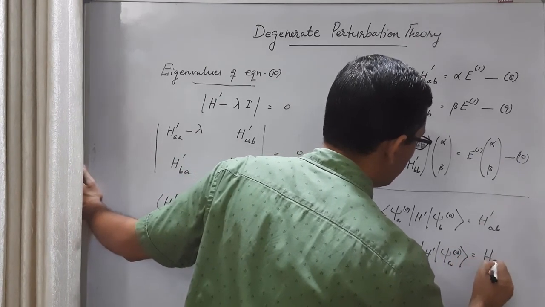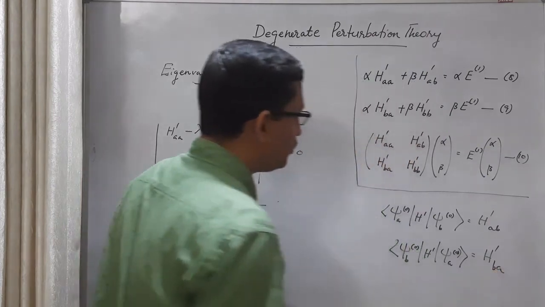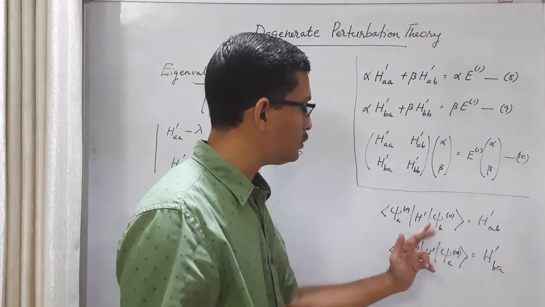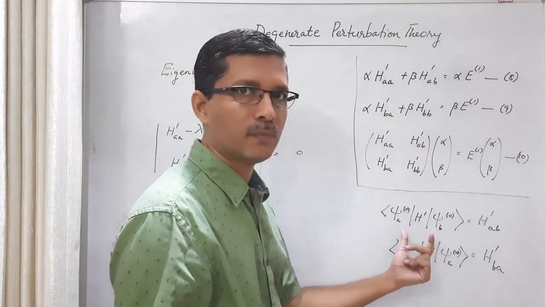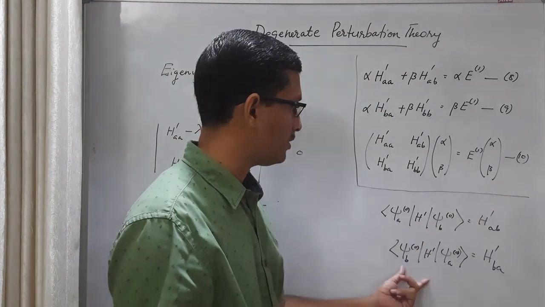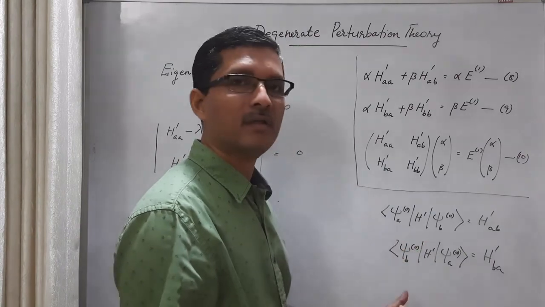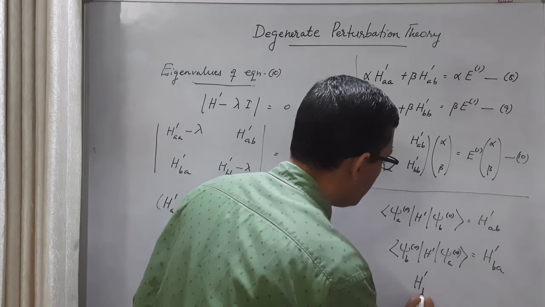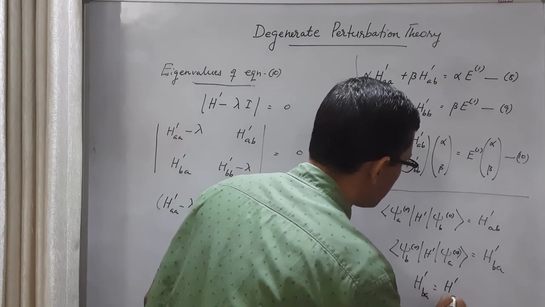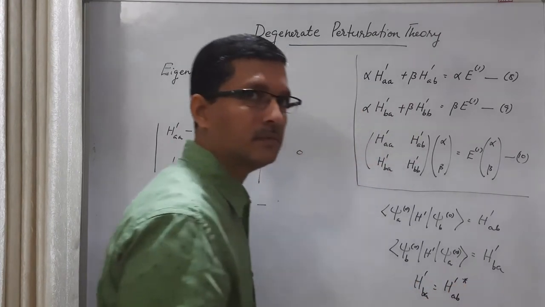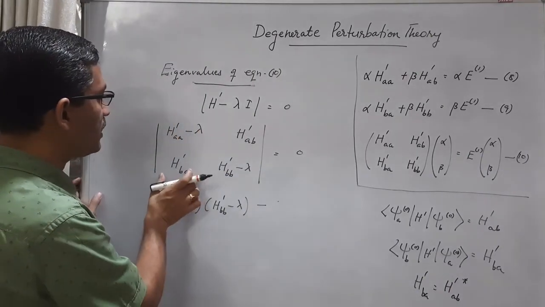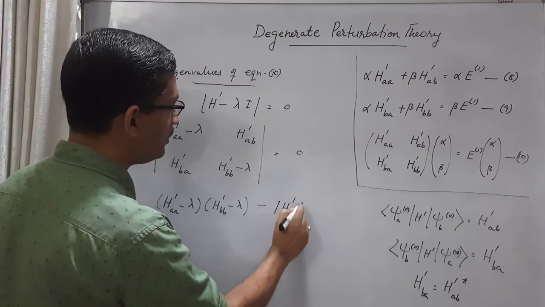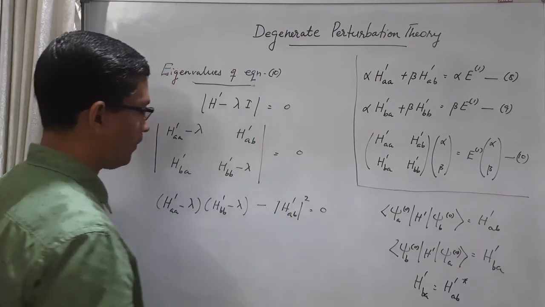Now, if you look at the left hand side, this is the interchange of bra vector and ket vector in this matrix element. When you interchange the bra vector and ket vector in an inner product, you get a complex conjugate. So H prime BA you can write as H prime AB star. So if we use that, then this is modulus H prime AB square, equal to 0.